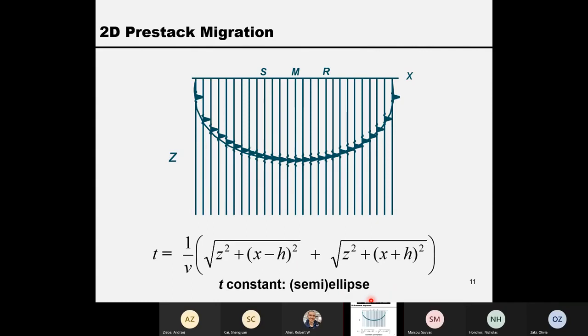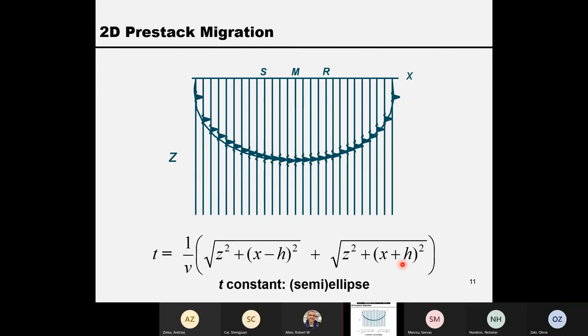If you can remember what we learned for the zero offset situation, for the post-stack migration, this circle is a perfect circle, right? Or the ellipse, because h equals 0 is a perfect circle. In the Prestack, the perfect circle becomes the elliptic curve.